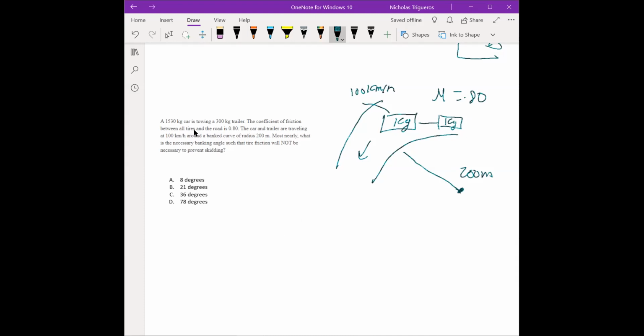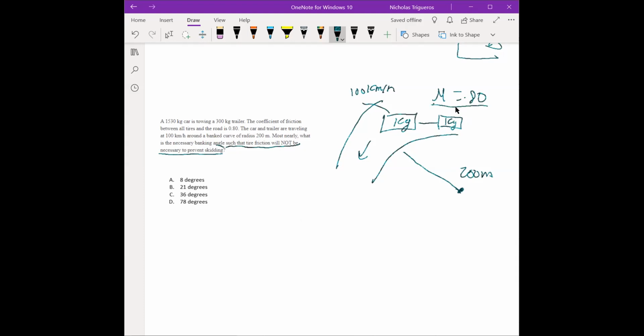Okay, well, if you read this incorrectly, you could make it much more difficult on yourself. This last statement, such that tire friction will not be necessary to prevent skidding, is saying: what is the banking angle so that you don't require this friction to play any part in preventing skidding?